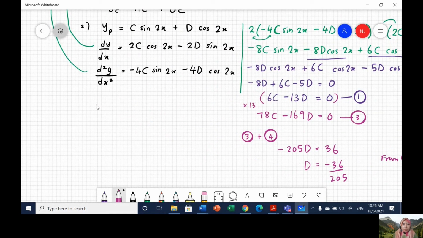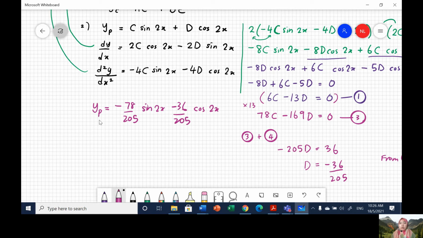So it means that our yp is, with the C we just got, negative 78 over 205 sine 2x plus D, which is negative 36 over 205 cos 2x.